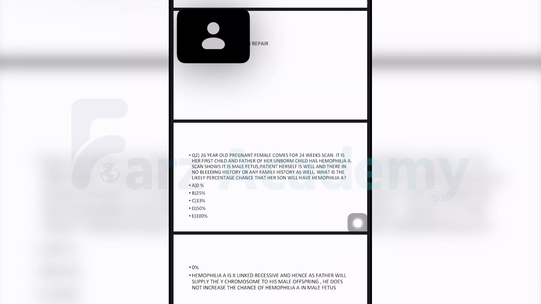Tell me the defect of Marfan's. Which gene is abnormal in Marfan's? Fibrillin gene. Very good. Tell me the defect seen because of defective nucleotide excision repair. Xeroderma pigmentosum. Okay, very good.